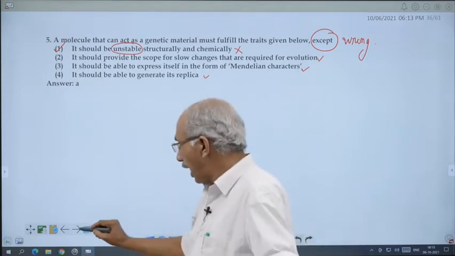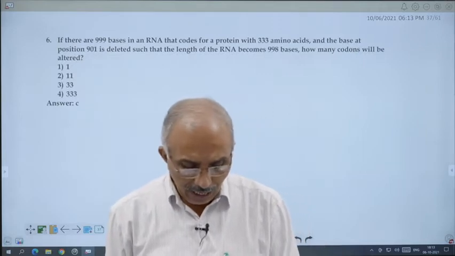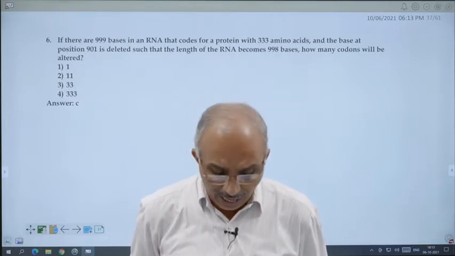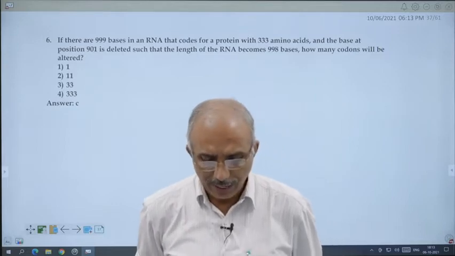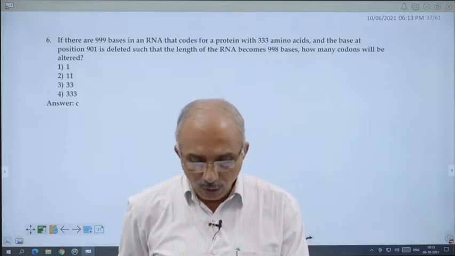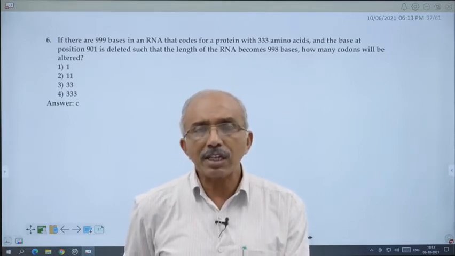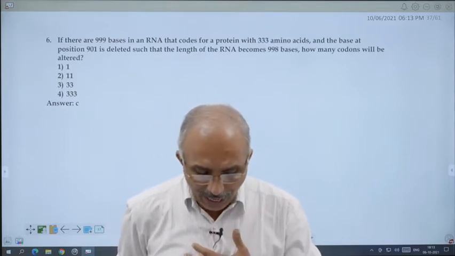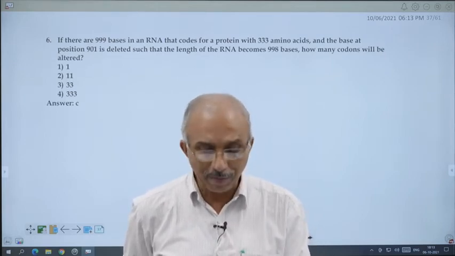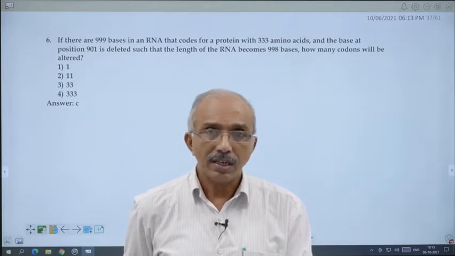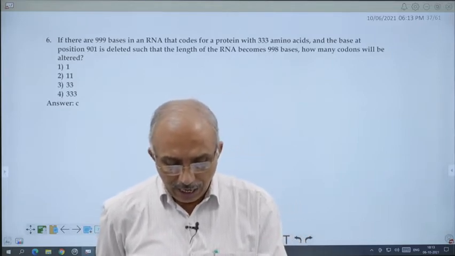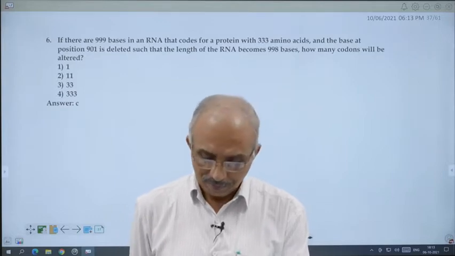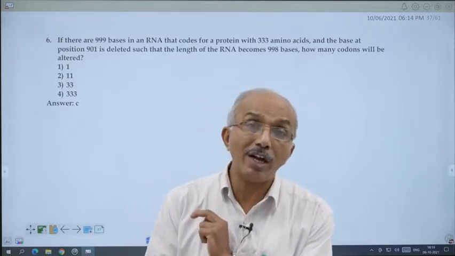Question number 6, an application level question. If there are 999 bases in an RNA that codes for a protein with 333 amino acids, and the base at 901 position is deleted such that the length of the RNA becomes 998 bases, how many codons will be altered?